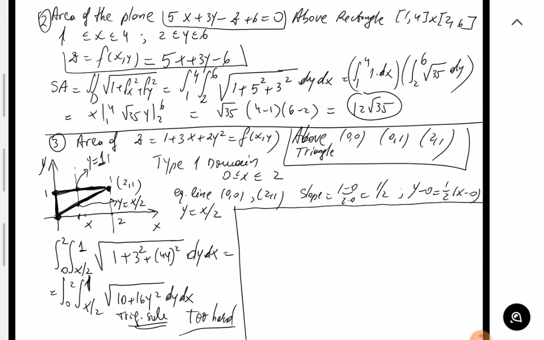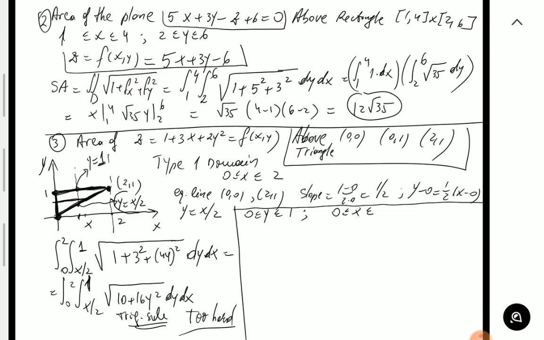Okay, let's set it up as a type 2 integral. That means I go by the y first, so look at the horizontal slice on the domain. As a type 2 function, y is between 0 and 1, so that's going to be my outermost integral. And then x goes from 0, the leftmost bound, all the way up to whatever x is equal to from the equation of the line.